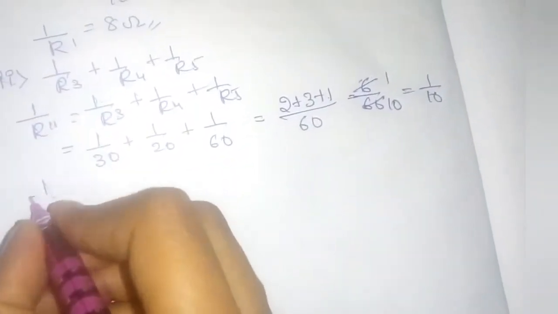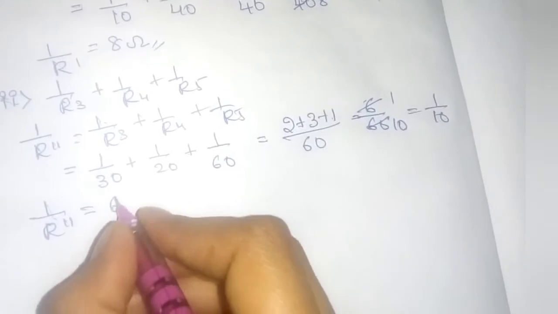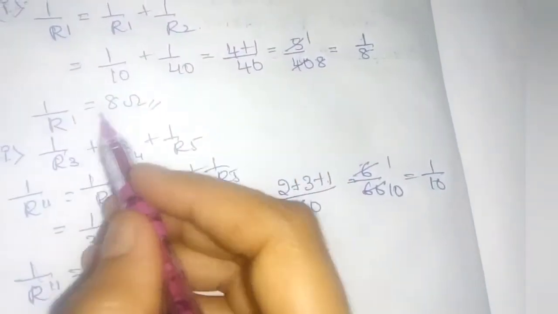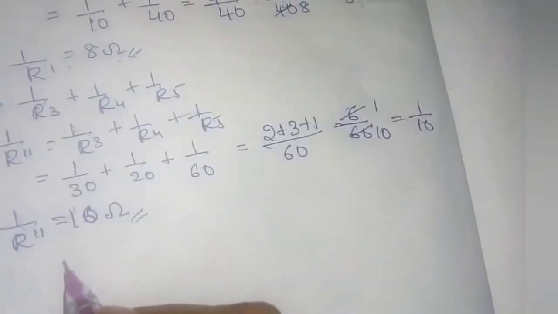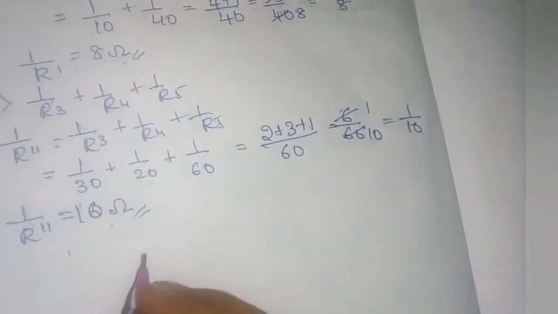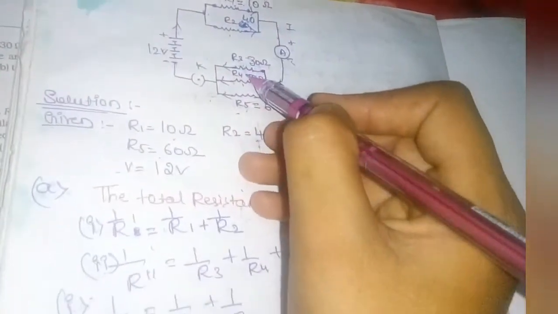So now the value of 1 by R double dash is equal to 10 ohm. Okay, so this is 1 by R dash equal to 8 ohm, and 1 by R double dash is equal to 10 ohm. Okay, so now it is connected in series. R dash and R double dash are connected in series.